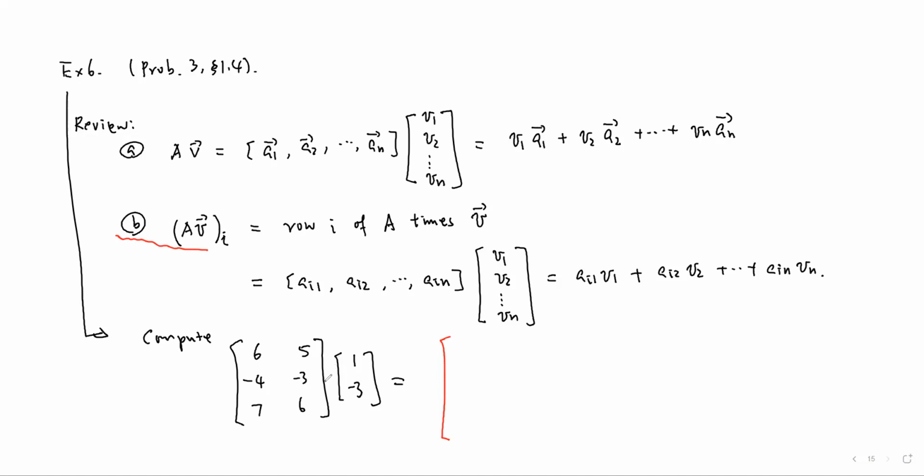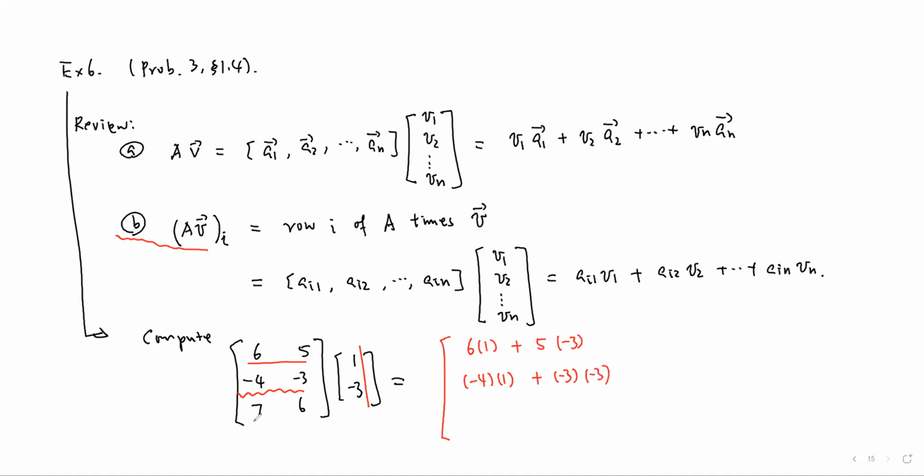It's a 3-dimensional vector. The first entry is row 1 times the vector: 6 times 1 plus 5 times -3. The second entry is row 2 times the vector: -4 times 1 plus -3 times -3.